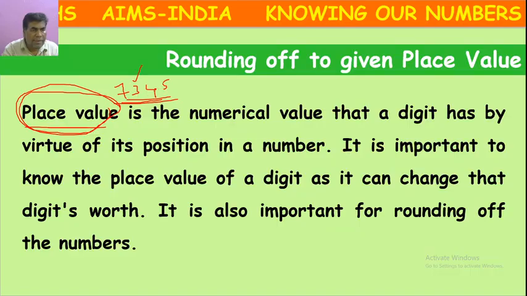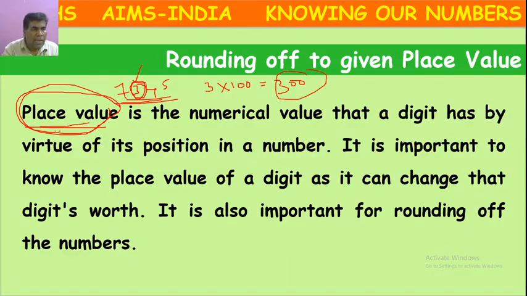Units place, tens place, hundreds place. 3 is in the hundreds place. According to that position, as it is in the hundreds place, we multiply with 100. Its place value is 300.